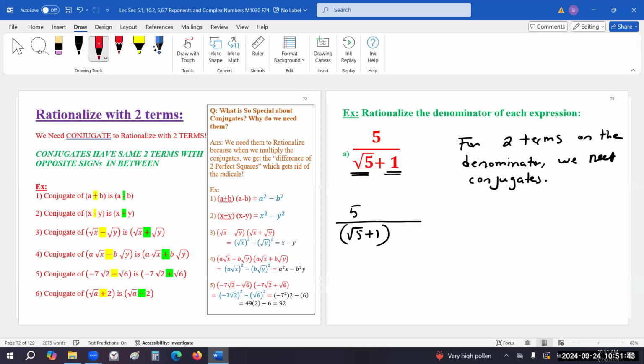We are going to multiply top and bottom by the conjugate of the denominator. So what will be the conjugate of the denominator? Square root of 5 minus 1. Square root of 5 minus 1. And you must put it inside a parenthesis. If you don't, then you'll mess up the multiplication. And then you just multiply. That's it.